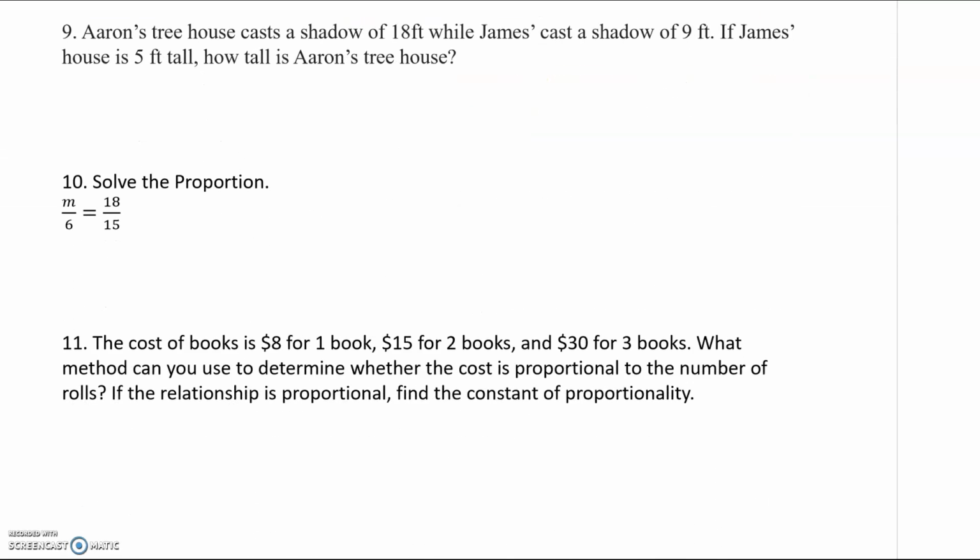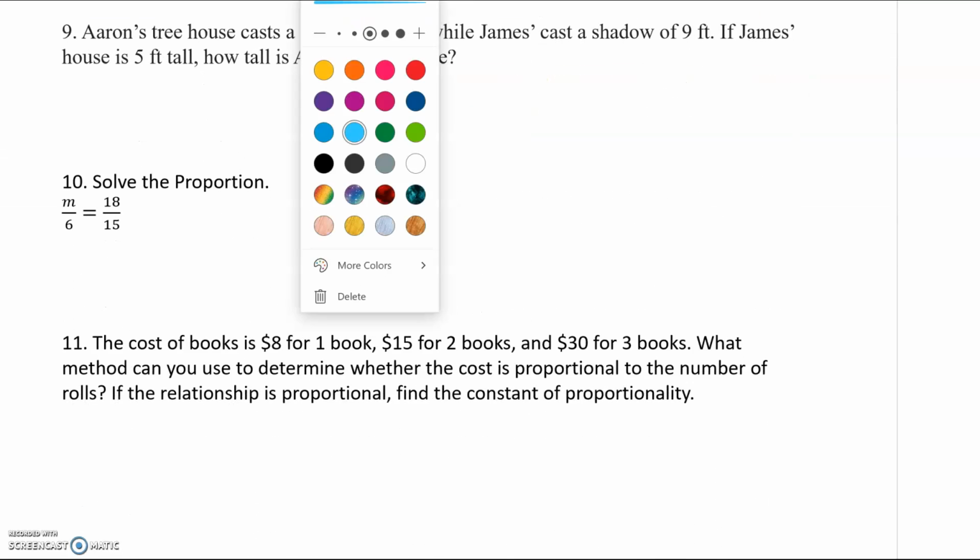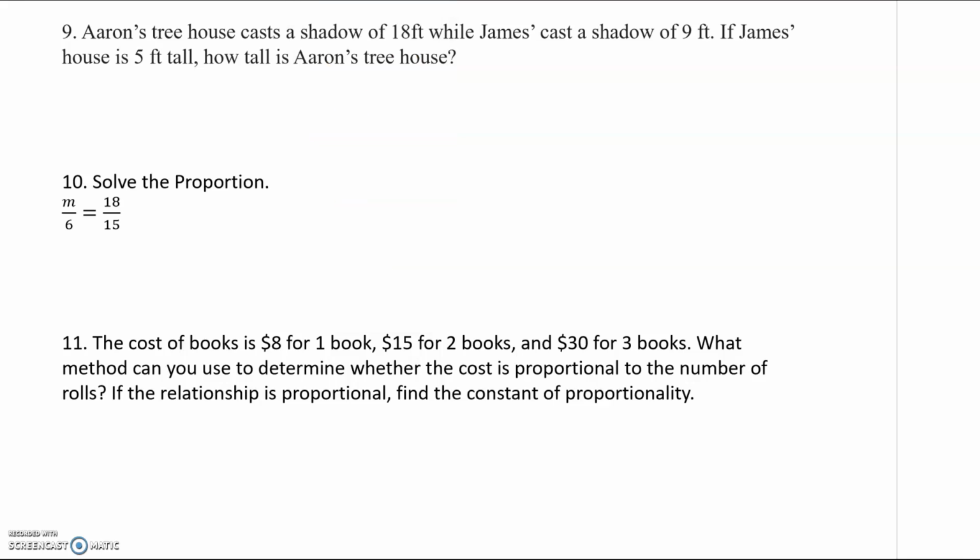All right, question number 9. Aaron's treehouse casts a shadow of 18 feet, while James casts a shadow of 9 feet. If James' house is 5 feet tall, how tall is Aaron's treehouse? I'm going to use T for treehouse. So notice I put shadows over houses, right? So let's just make sure we set it up correctly.